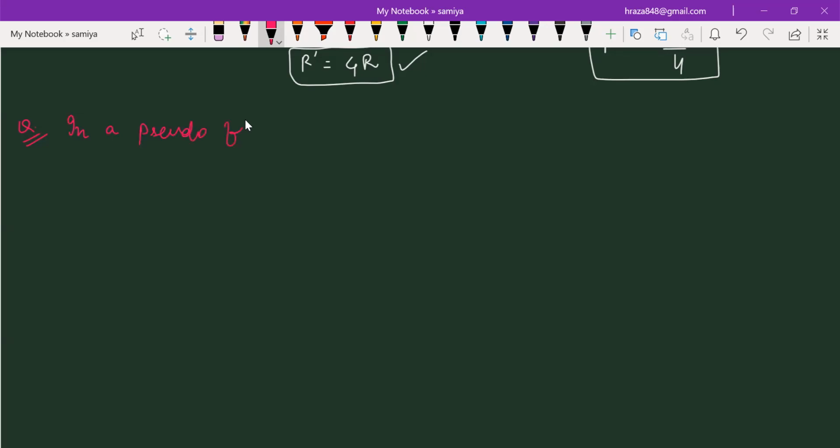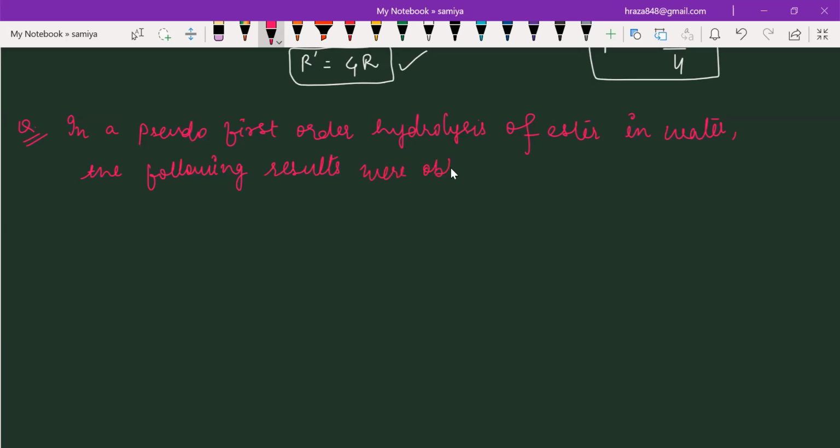In a pseudo first order reaction, first order hydrolysis of ester, the following results were obtained.